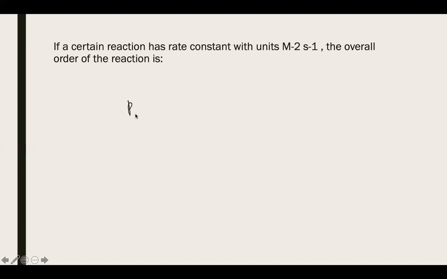So if you had a rate law, you'd have rate equals k, and then the concentrations of all of your different reactants. Even if you had 9 different reactants, the order of the overall reaction is always whatever all of the exponents add up to.